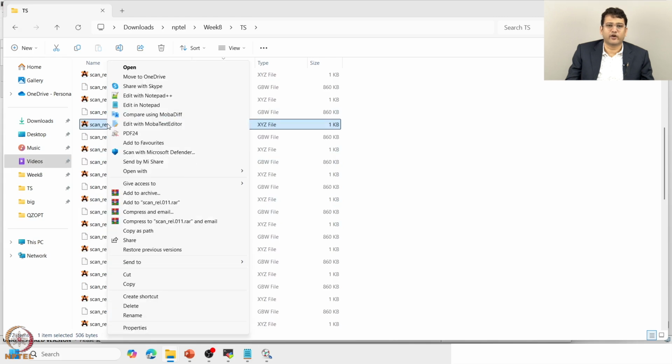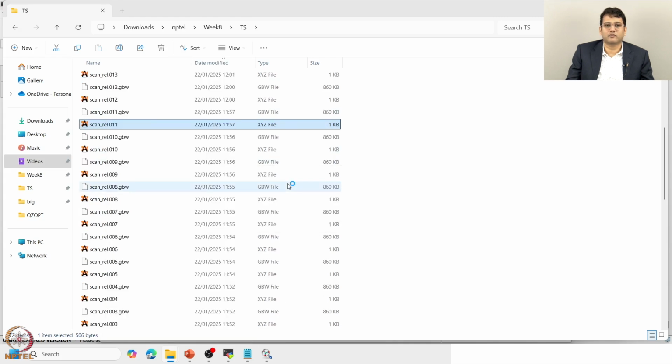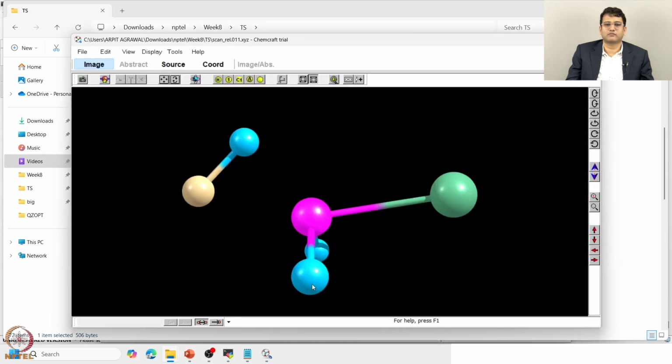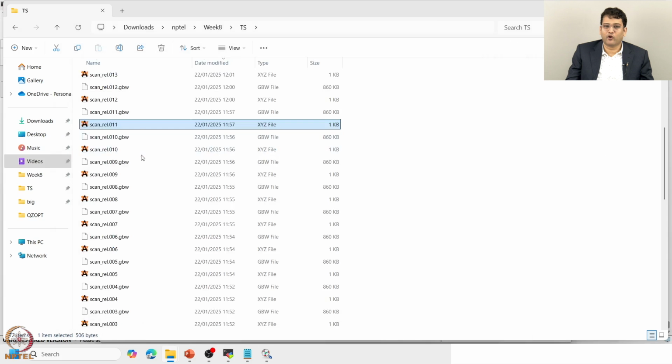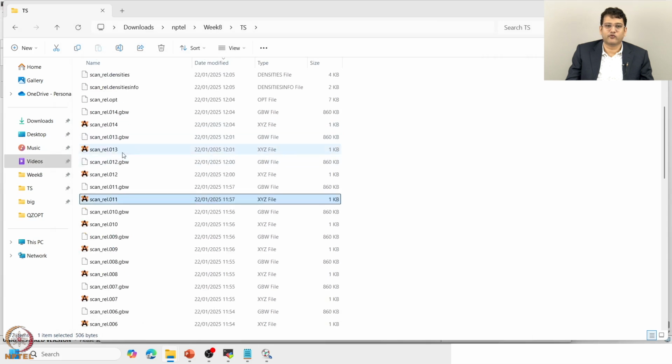You can open with Avogadro also, but I would open with ChemCraft. So, this is also not where the reactant is in a proper form. That means this may not be the real transition state. So, maybe we have to go to the higher ones. You can open with Avogadro.